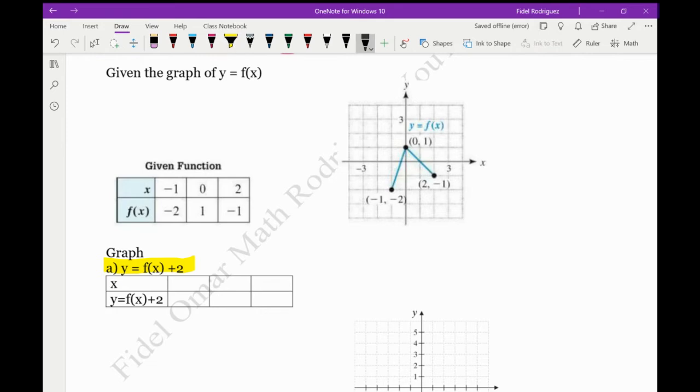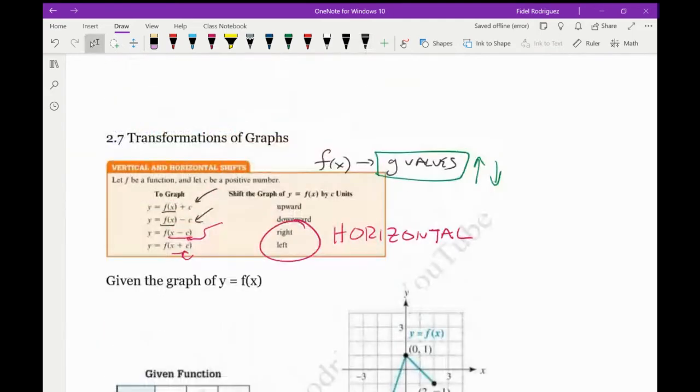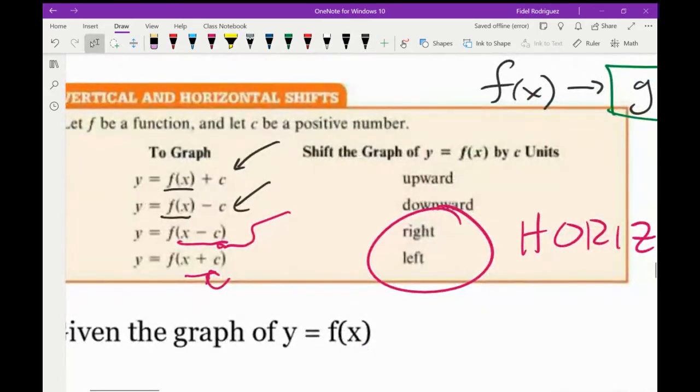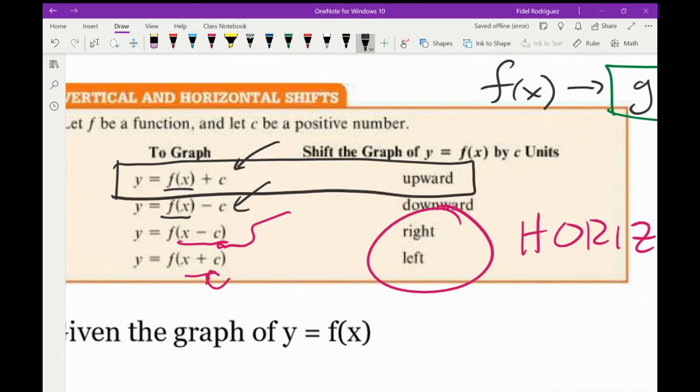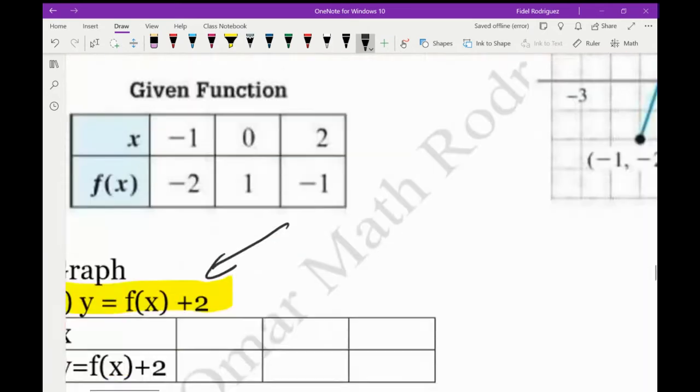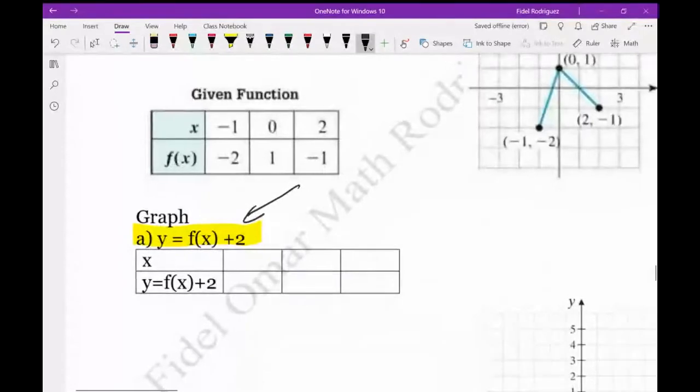The first thing I notice is that the plus 2 is on the outside of the parentheses. So when the plus 2 is on the outside, because the plus c is on the outside, this means my graph is going to be moving upward, in this case upward 2 spaces.